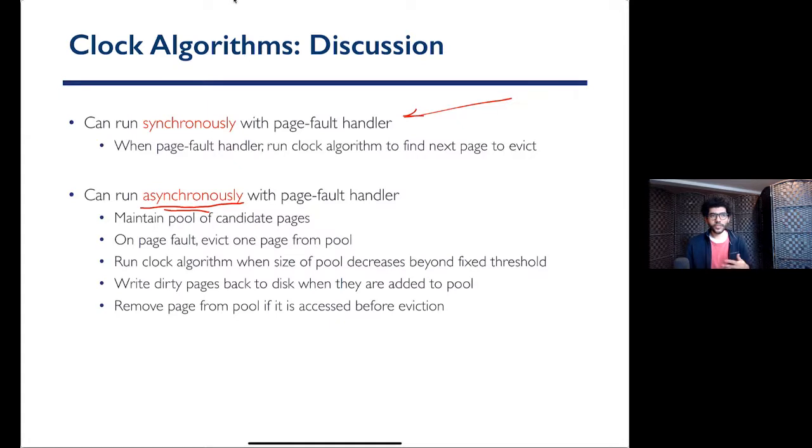So every time a page fault happens, you just pick someone from your pool. Now, if some page within your victim list is accessed, then you just remove it from your victim list, right? So that's pretty much what you're going to be doing.